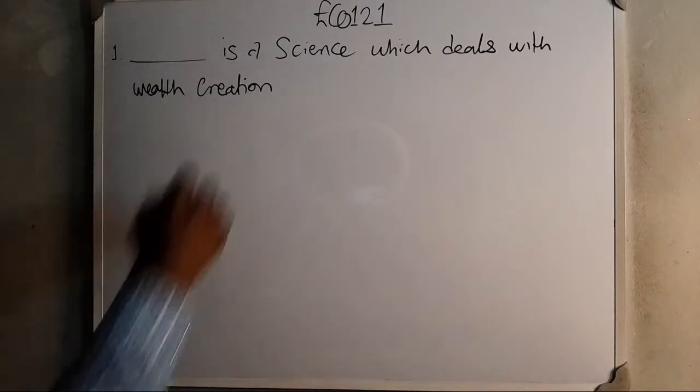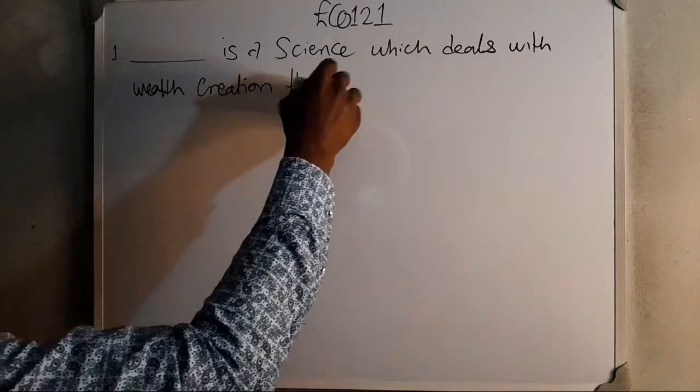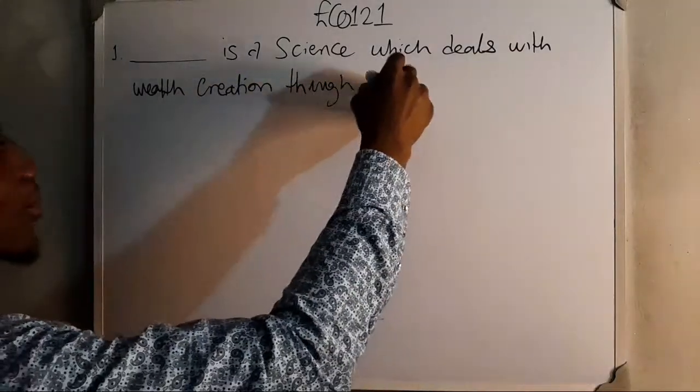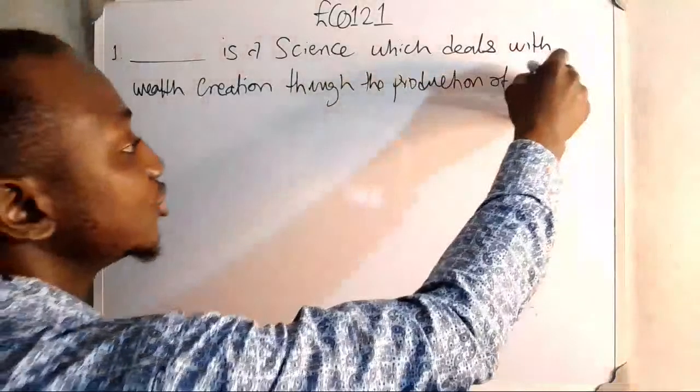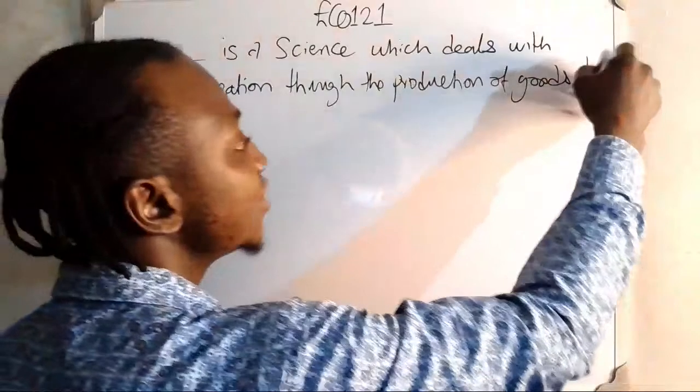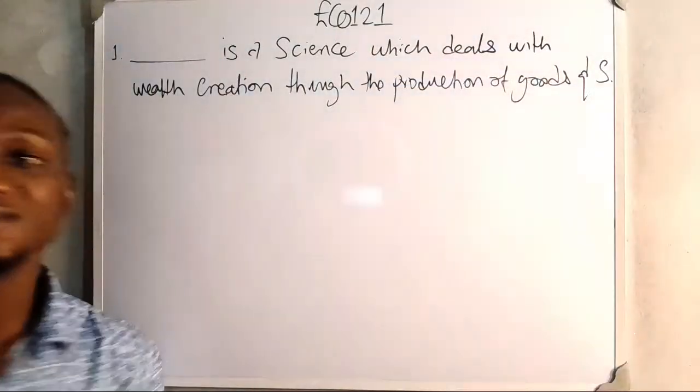Goods and services. Production of goods and, permit me to abbreviate, services.